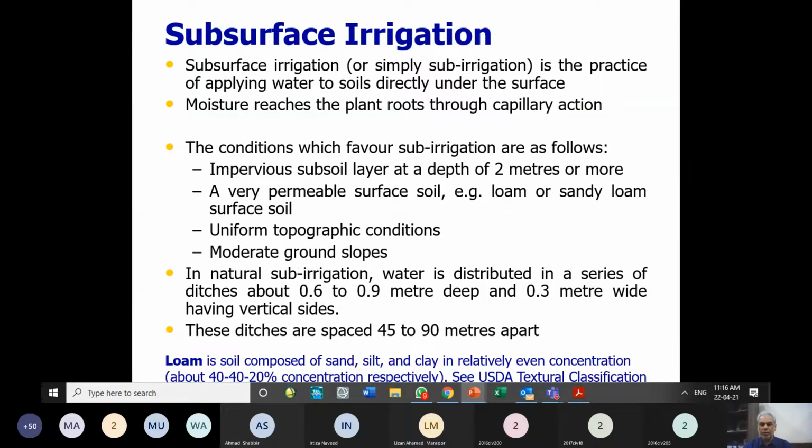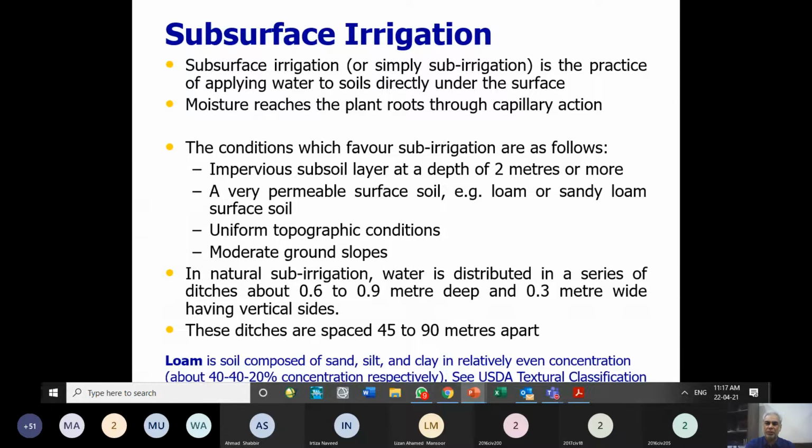Within those two channels, if the top soil is pervious, we expect that the water will reach through capillary action. Especially if we have an impervious layer underneath at 2 meters, it will facilitate the provision of water to the root zone through capillary action. If this method is utilized, we say this is a natural way of subsurface irrigation.